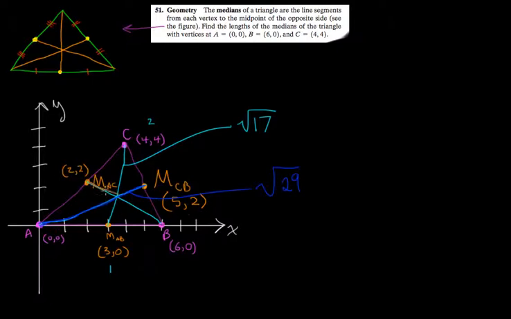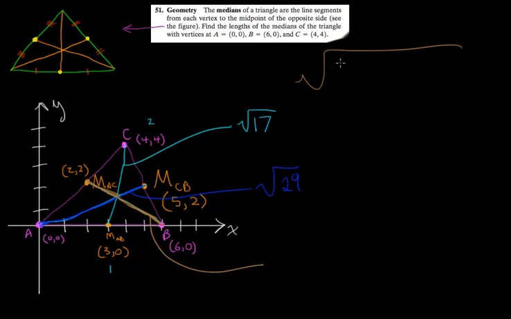I'm going to recolor this brown, from B to midpoint AC. We'll say this is x2, y2, and this is x1, y1.